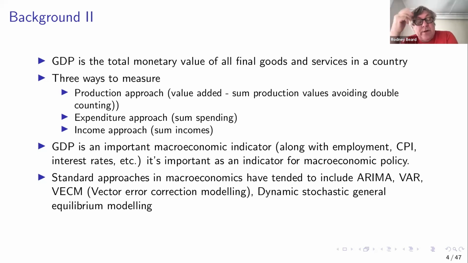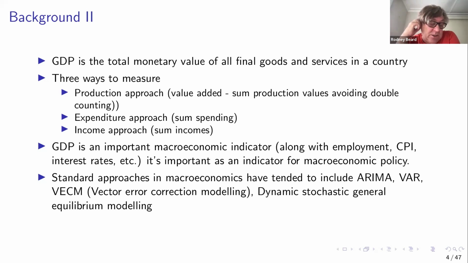The other approach is the expenditure approach, which is to sum consumer spending, and an income approach, where you sum up all the incomes from all the businesses, but it also includes things like dividend payments, because businesses are in the end owned by consumers. So these are the three main approaches.